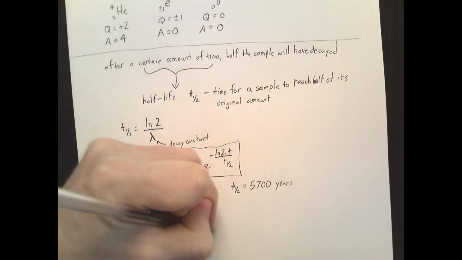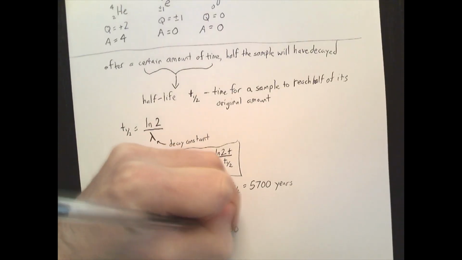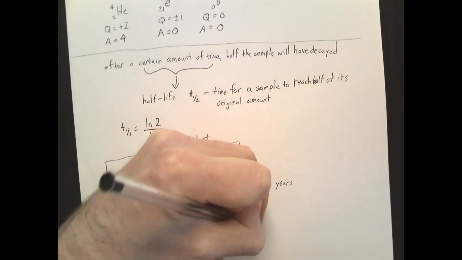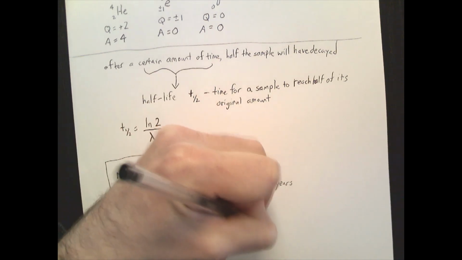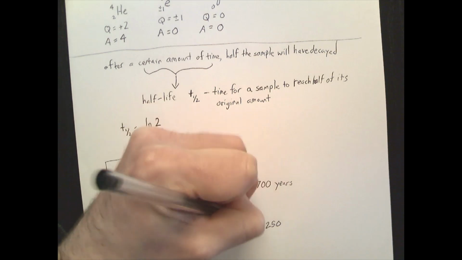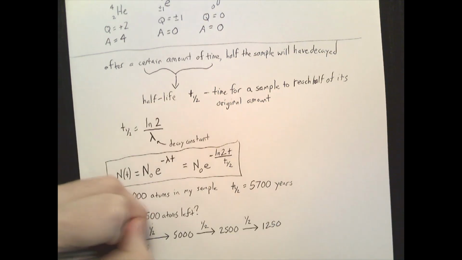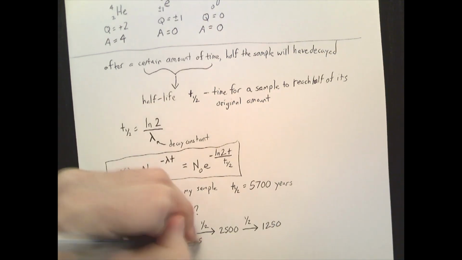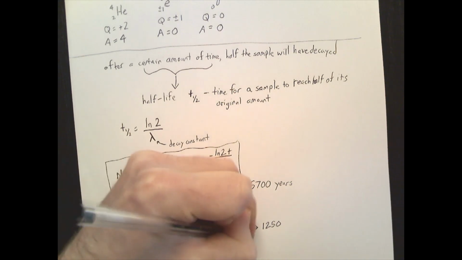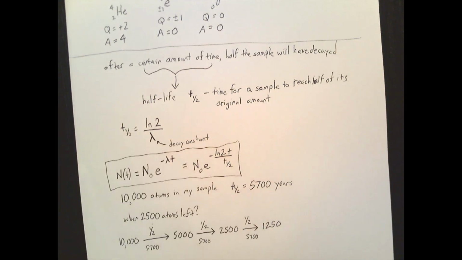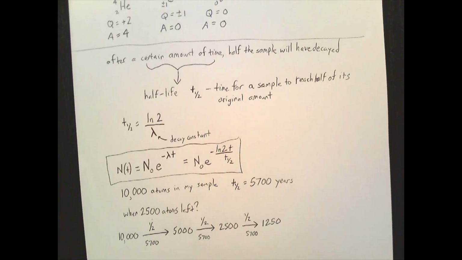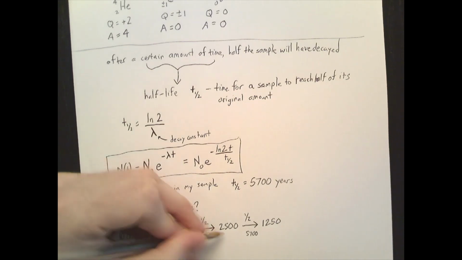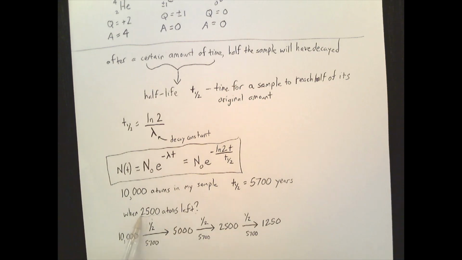After the next half-life, I'll have half again, and after the next one, I'll have even further, 1,250. So this is 5,700 years passed. This is another 5,700 years. This is another 5,700 years. So after 11,400 years, I will end up with the desired amount of atoms left.